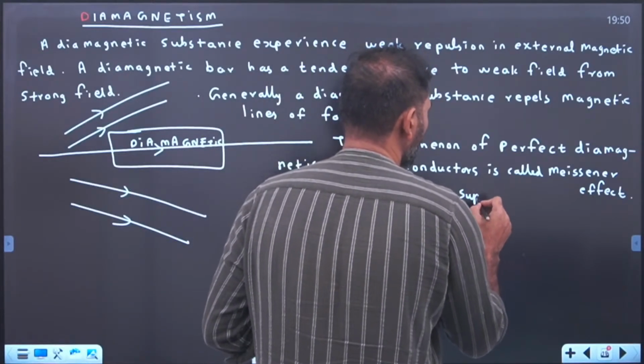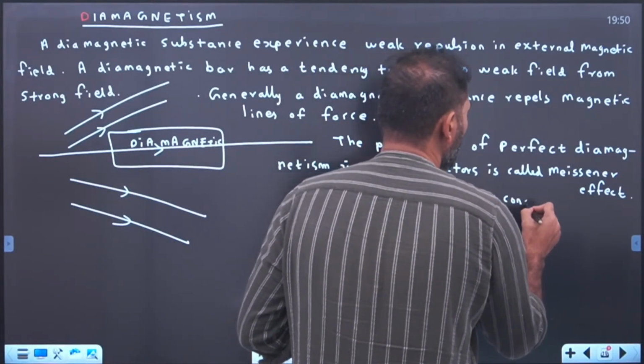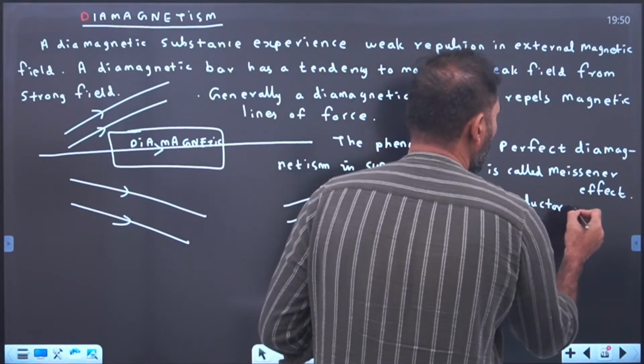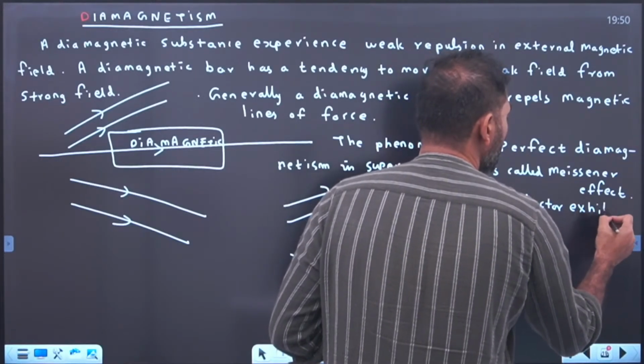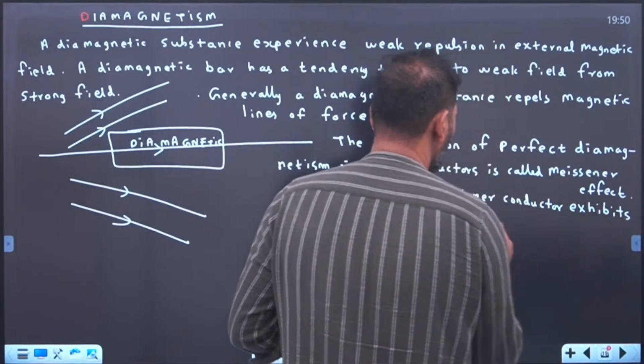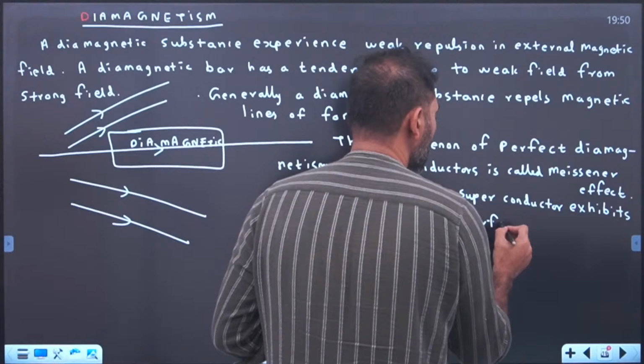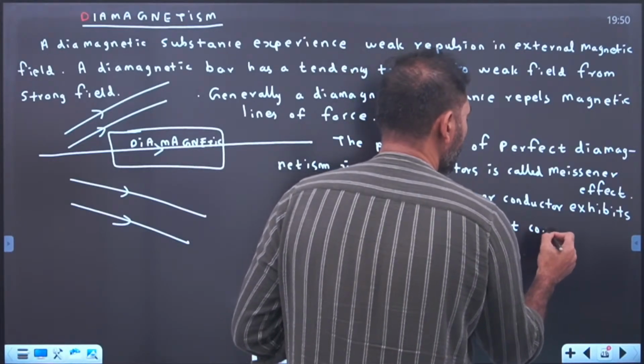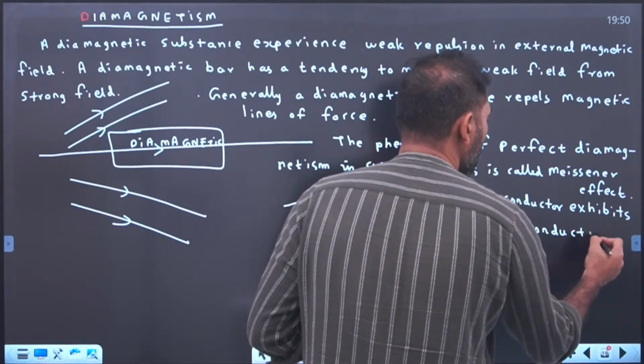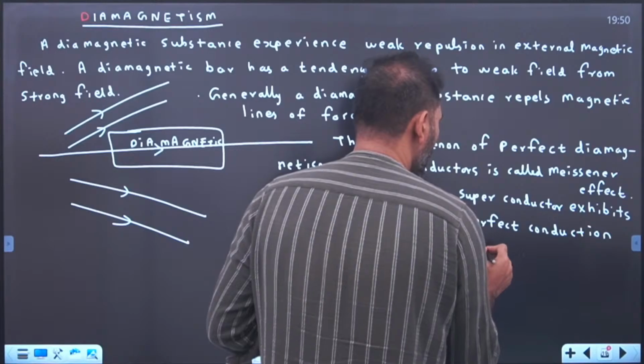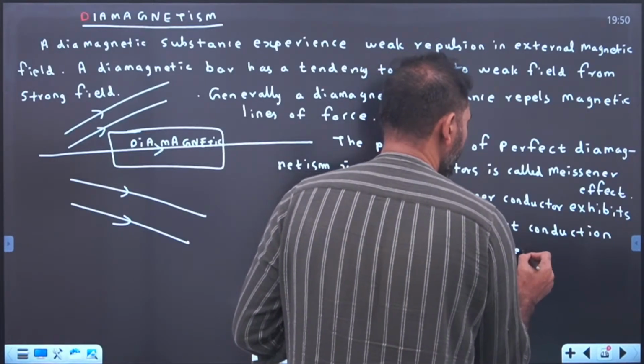A superconductor exhibits perfect conduction and perfect diamagnetism.